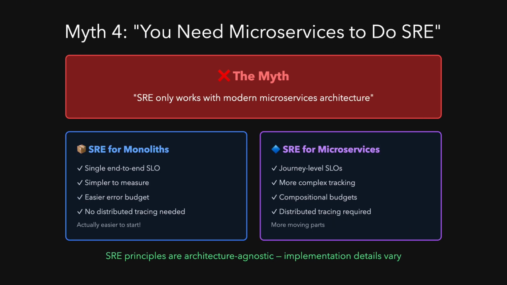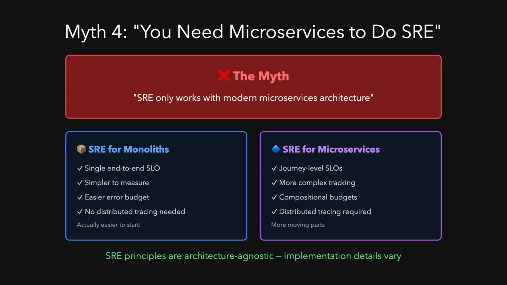Next myth is you need microservices to do SRE. In reality, SRE principles apply to monoliths, though implementation details differ. For example, monolith SLOs are often simpler: a single end-to-end SLO for the application, easier to measure, with a simpler error budget.